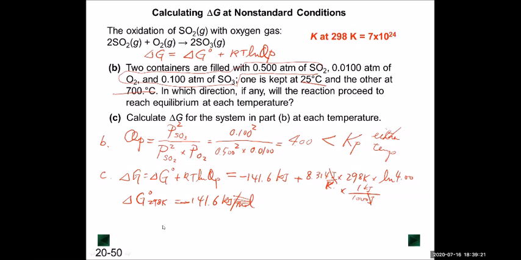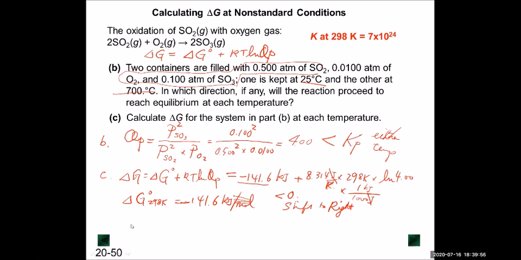When you have a very negative number, this reaction highly favors shifting to the right. It is the same prediction as for part B with the reaction quotient.